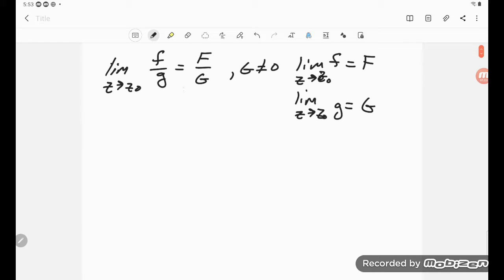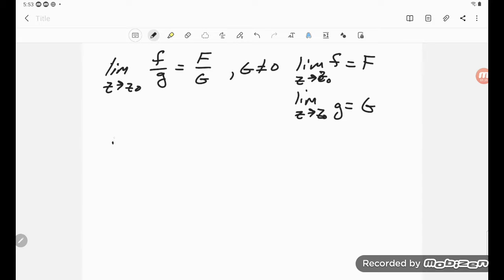One way could actually be just work with the limit of 1 over g. Let's try that, because if I show that the limit of 1 over g, little g, is 1 over big G in this situation, then I can just use the product rule of limits, not of differentiation, to do this.